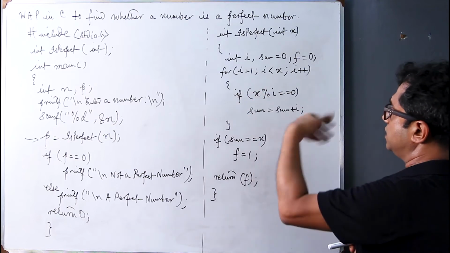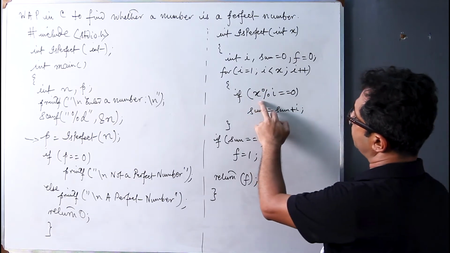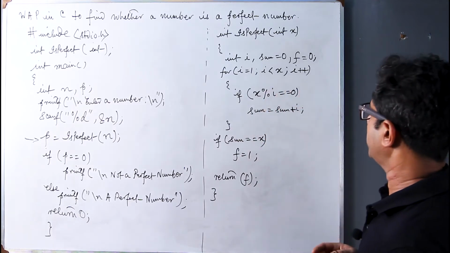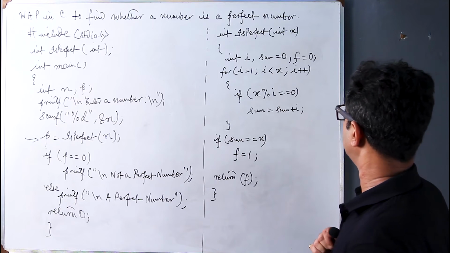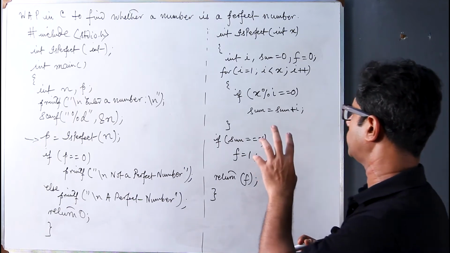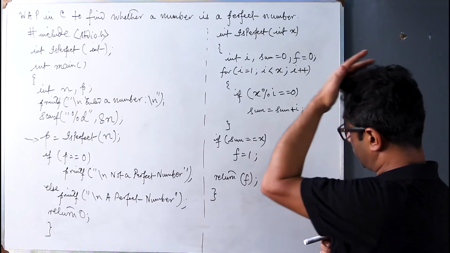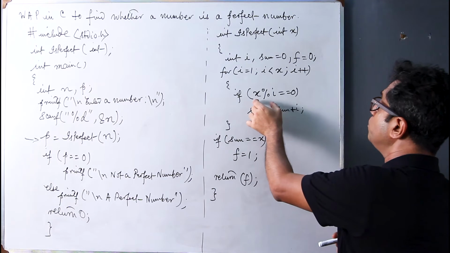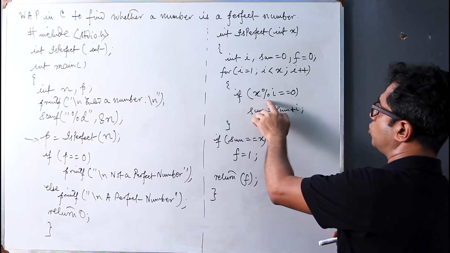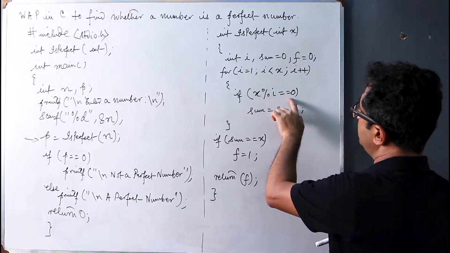In the second, we go to 2, then 3, etc., and see whether any i value is a perfect divisor of x, because in order to be a factor of x, we need to check whether x modulo i yields a result 0.